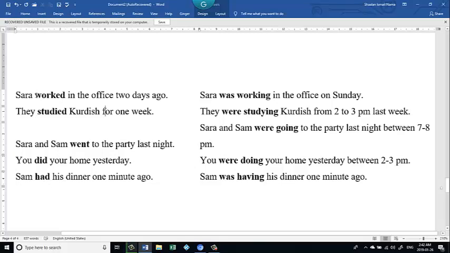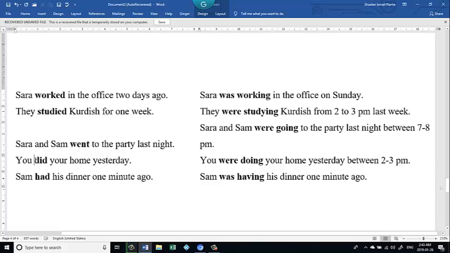For example, it's saying Sarah worked in the office. If we look here, we have the same word. We delete ed because here I have was. Then I have the ing form. But here I cannot put another did. Then I say you did doing your homework yesterday.